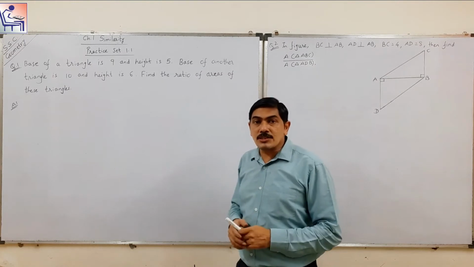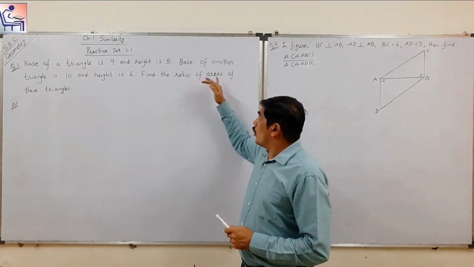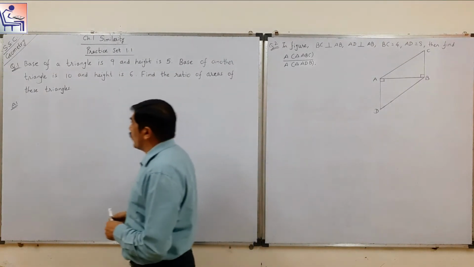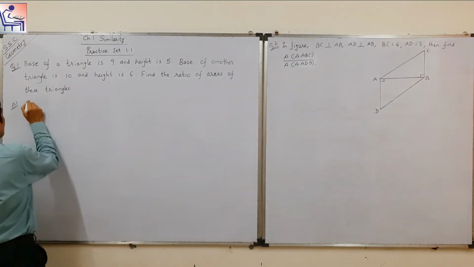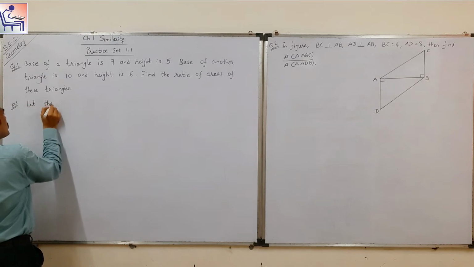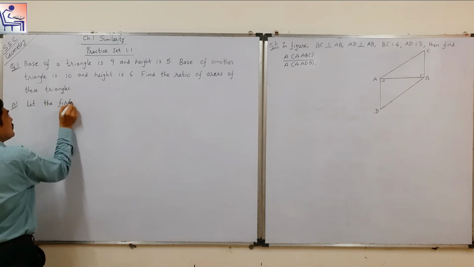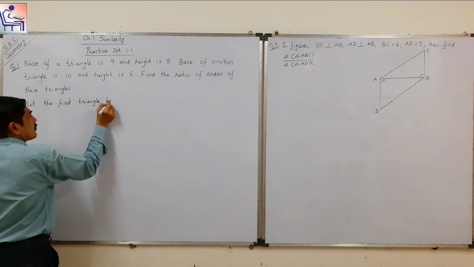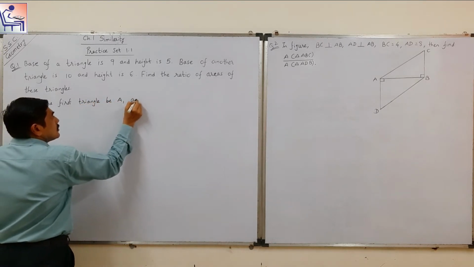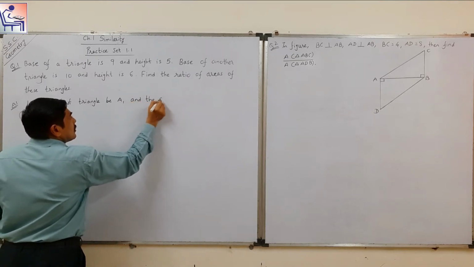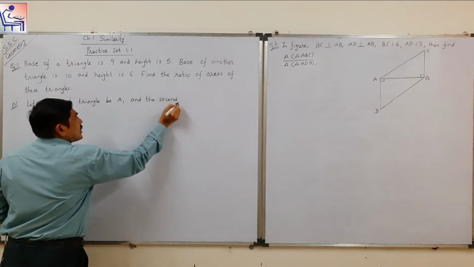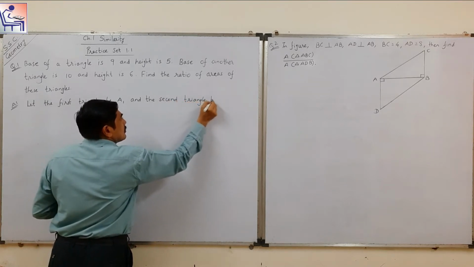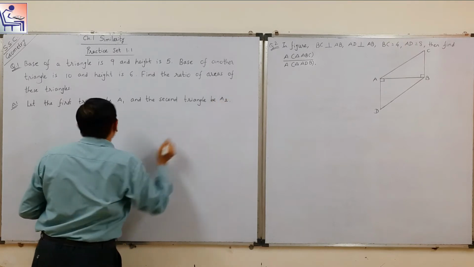We have to find out the ratio of areas of these two triangles. So how are we going to find out? Let the first triangle be A1 and the second triangle be A2.